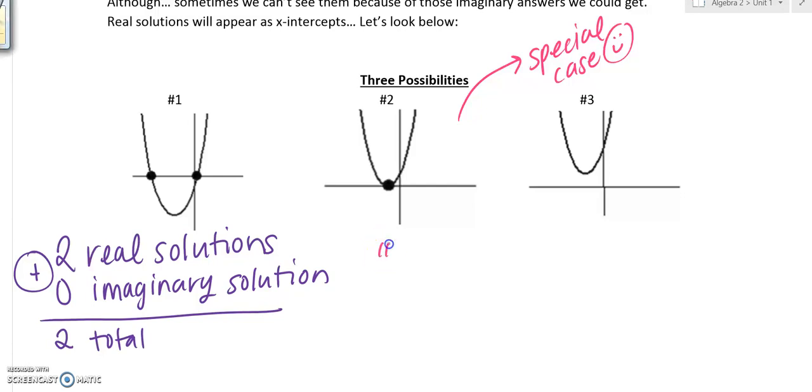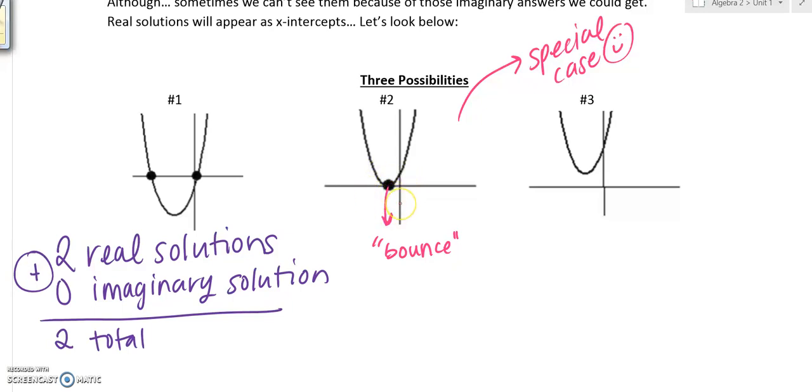So I'm going to label this point right here where we have that dot as a bounce. What I mean by that is my graph goes down, it hits the x-axis, and all of a sudden it pops back up. Sometimes you might hear us refer to it as a bounce point.